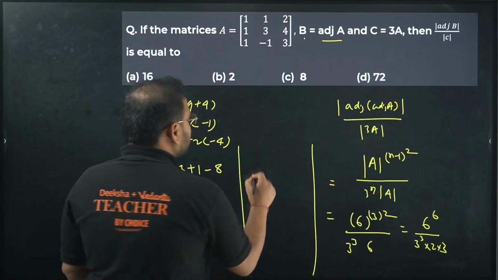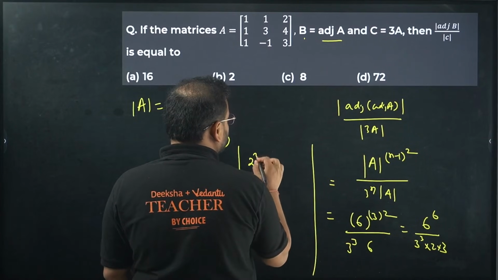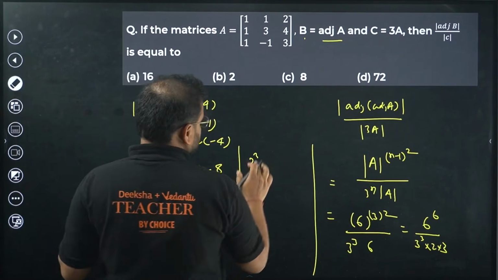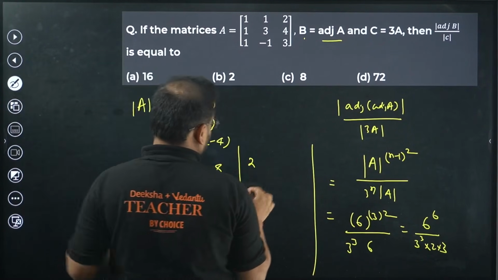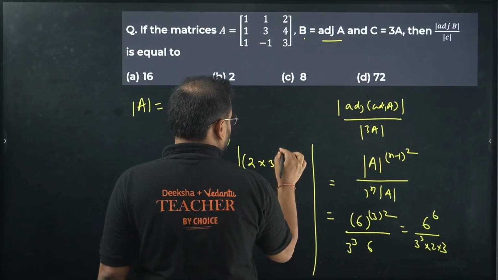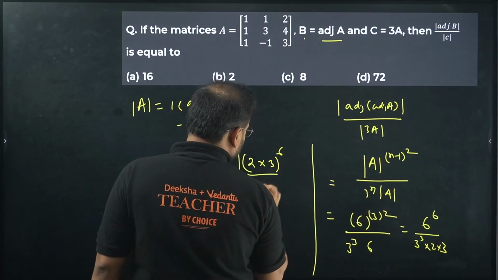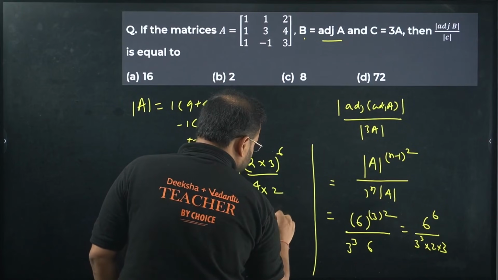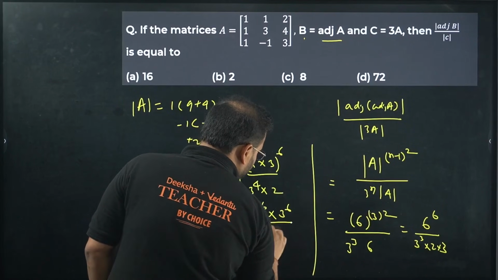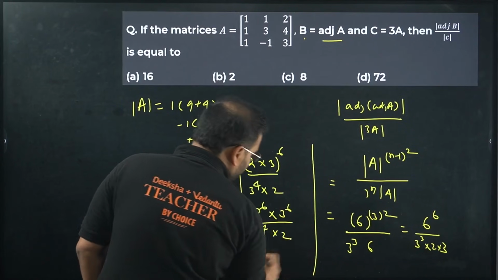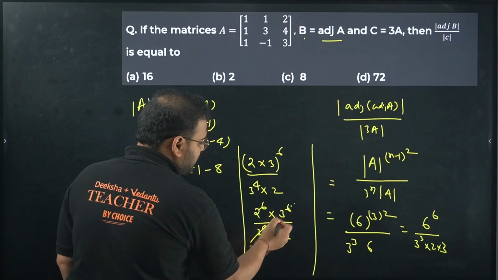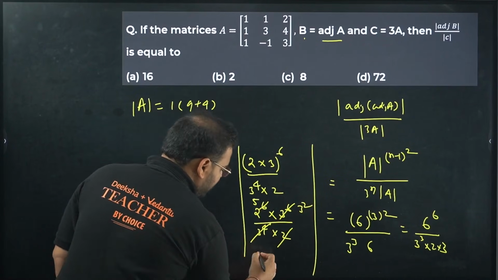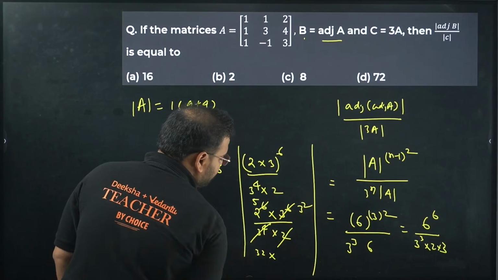Check the numerator now: 2 power 6 into 3 power 6 by 3 power 4 into 2. Cancel 3 power 4 with 3 power 2, and 2 cancels. 2 power 5 is 32, and we have into 9.